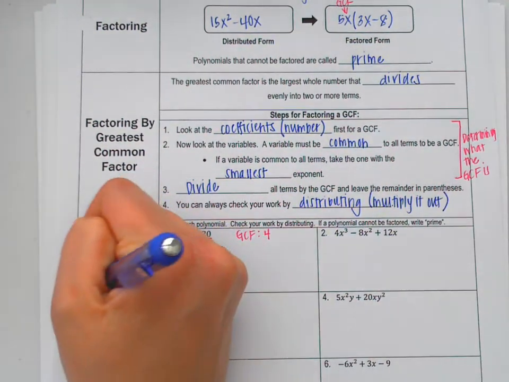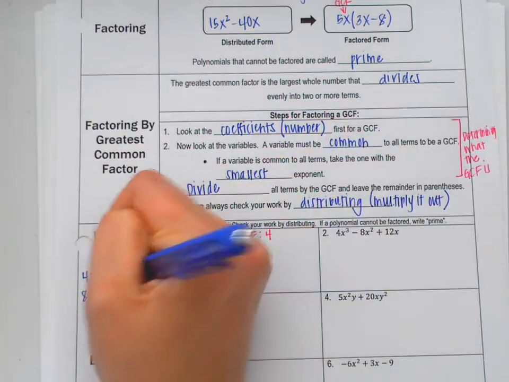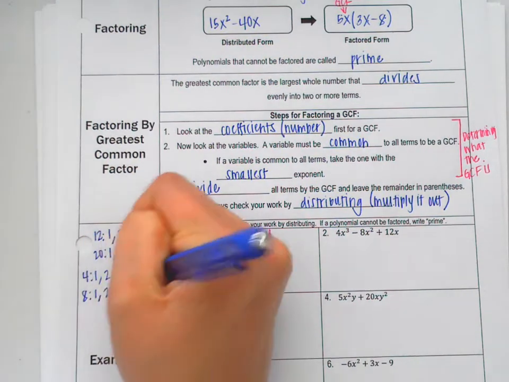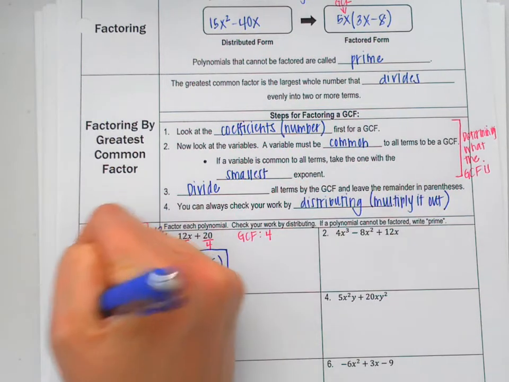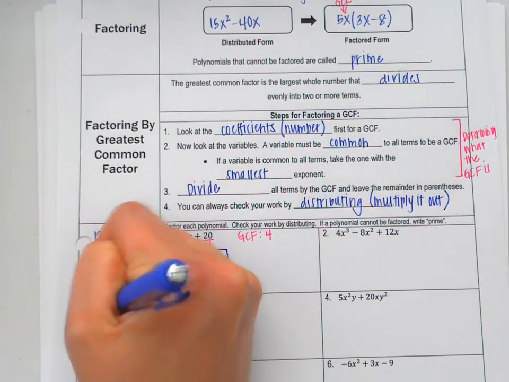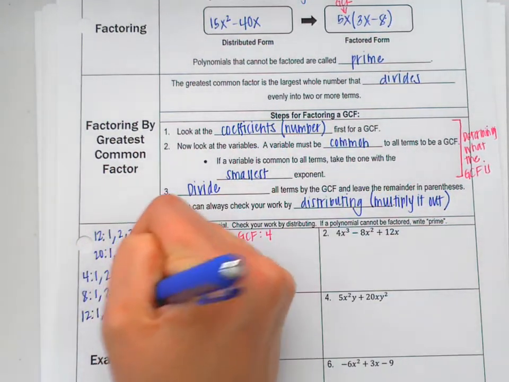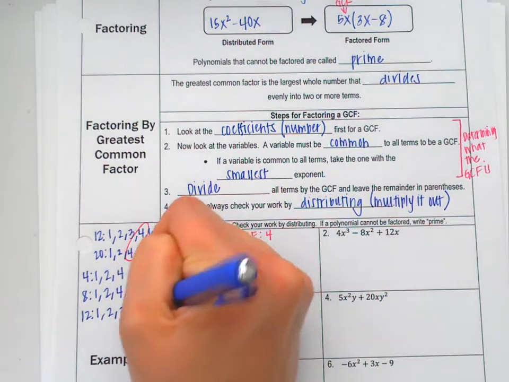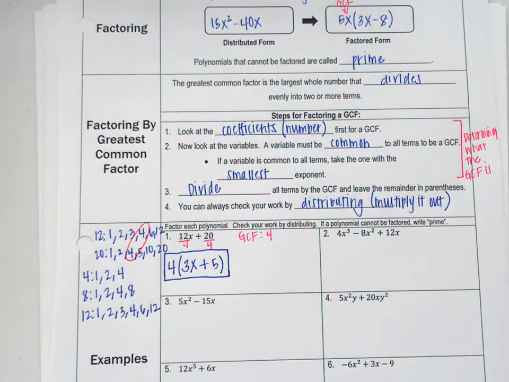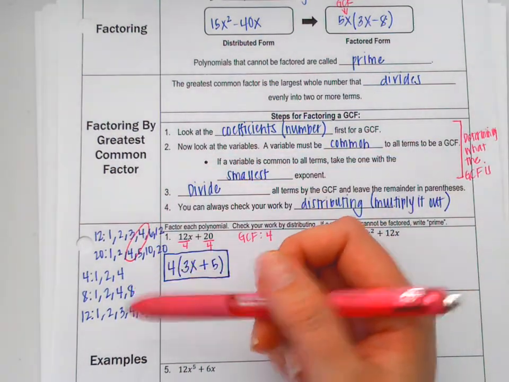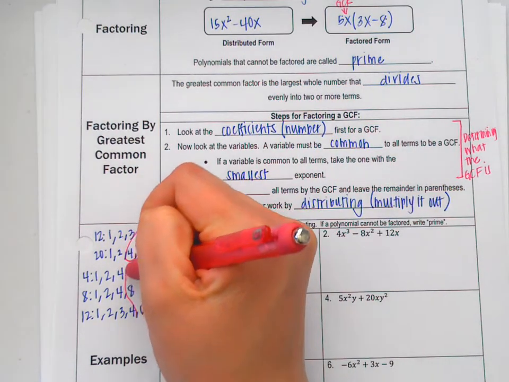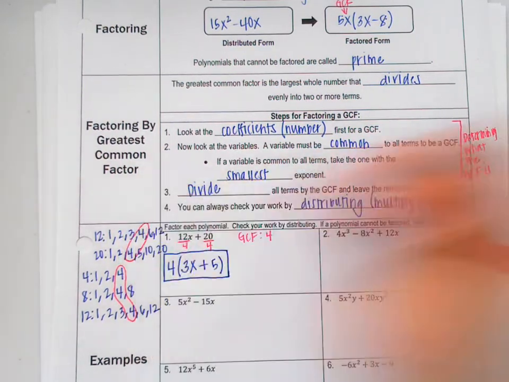The factors of 8 are 1, 2, 4, and 8. And then the factors of 12 are 1, 2, 3, 4, 6, and 12. And so I look and figure out, okay, what is the biggest number that divides evenly into 4, 8, and 12? And it's actually 4. So I start there.